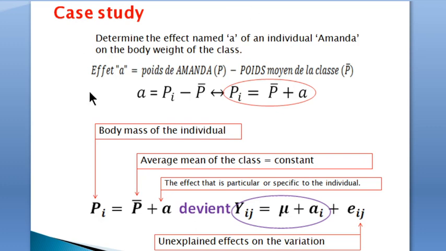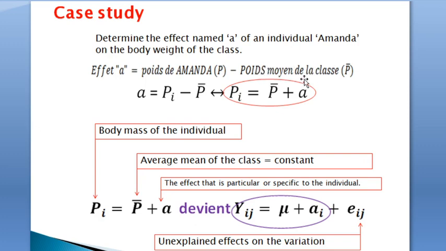That effect is estimated by making the difference of the body weight of the individual with that of the average body weight of the class.